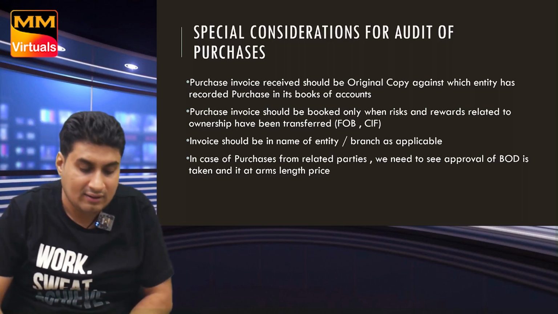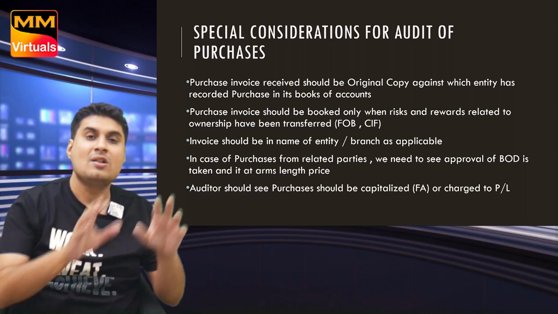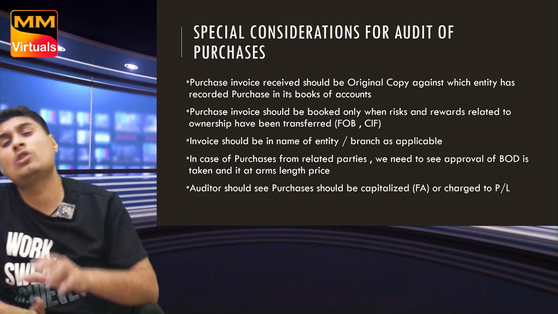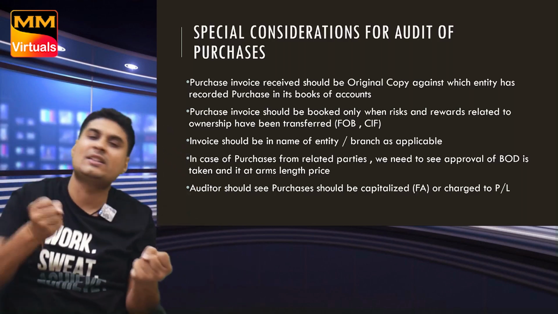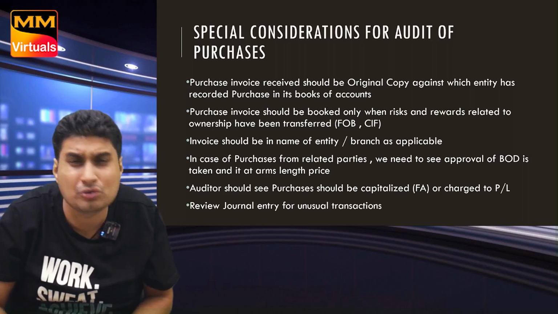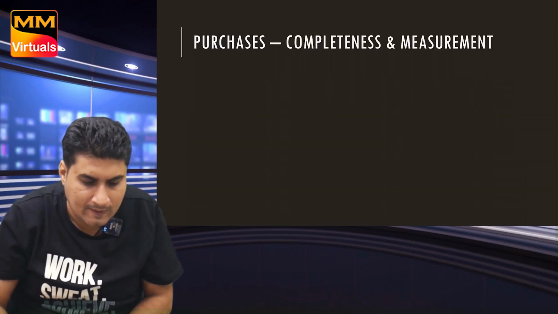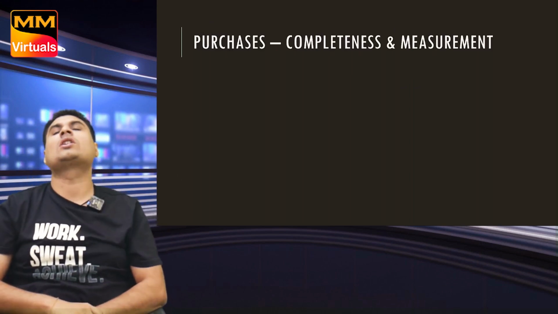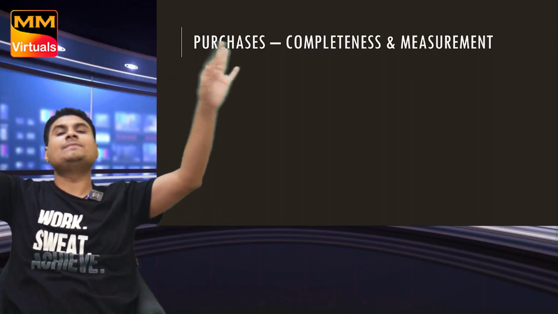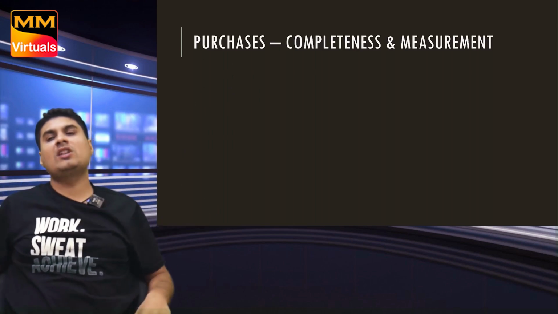Okay. Auditor should see whether purchases are capitalized or go to P&L. What is capitalized? Whether it is a fixed asset purchase or a business purchase. Unusual transactions, same. Completeness: how to check purchases, whether they are complete or not? Again, trace with the records, the stock records. What is the stock record?